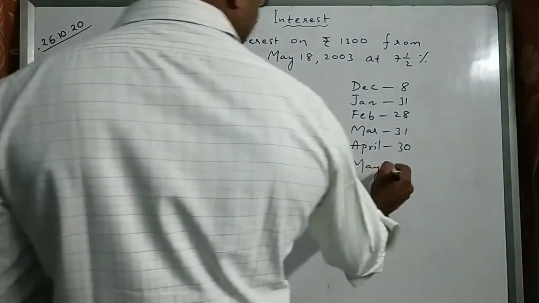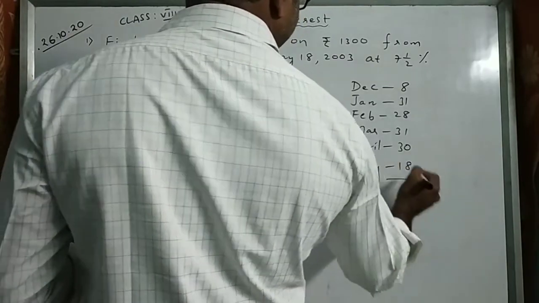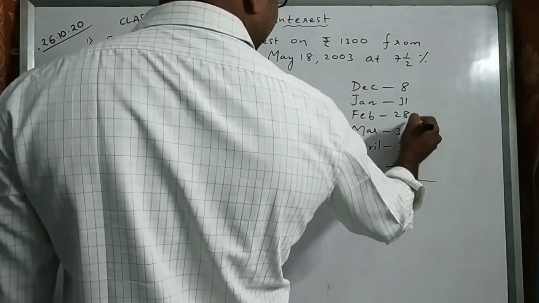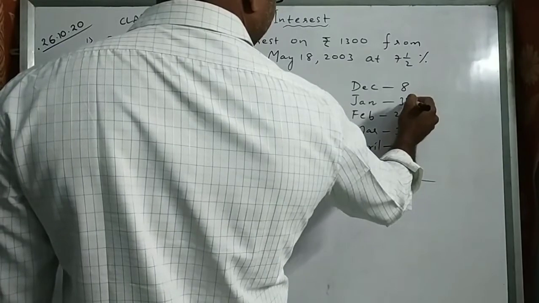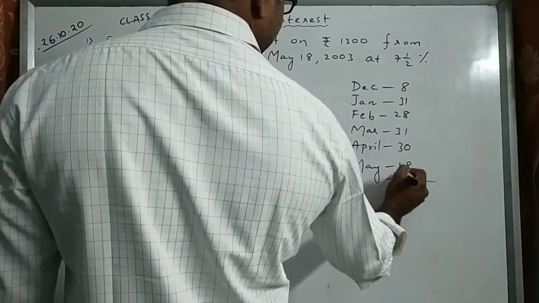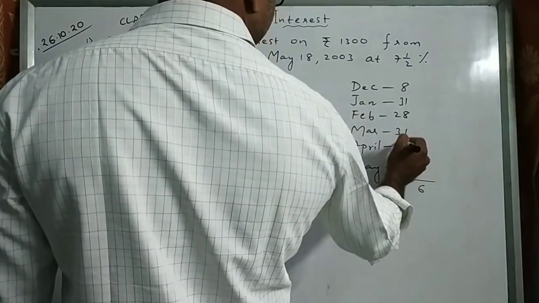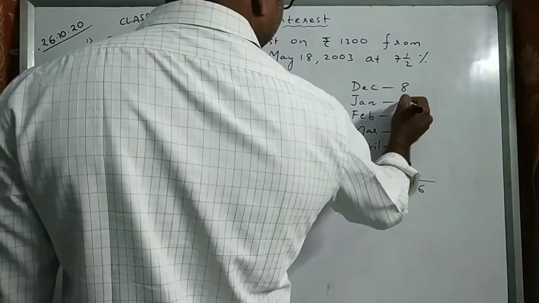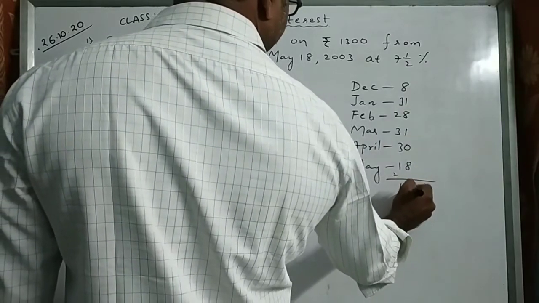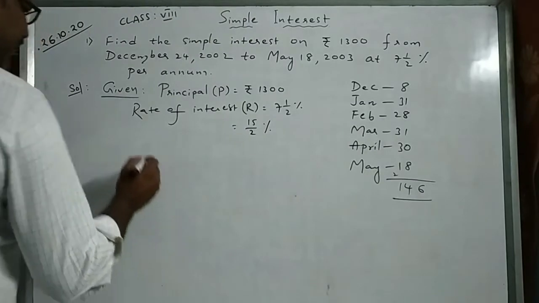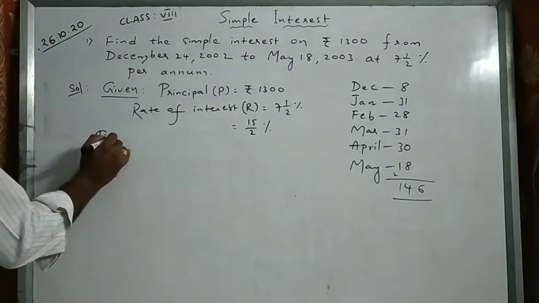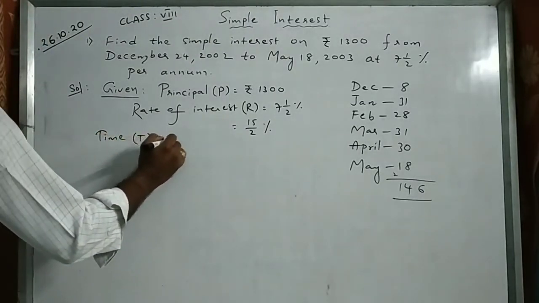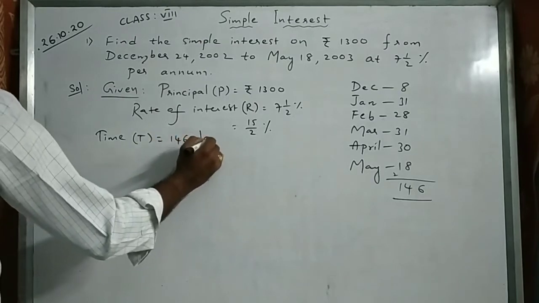So 18 days will be there. Up to May 18. So total you calculate here: 9 plus 8, 17, 18, 8, 26, 3, 7, sorry, 3 plus 3, 6, 9, 11, 11 plus 3, 14. So total how many days we have? Time T is equal to 146 days.